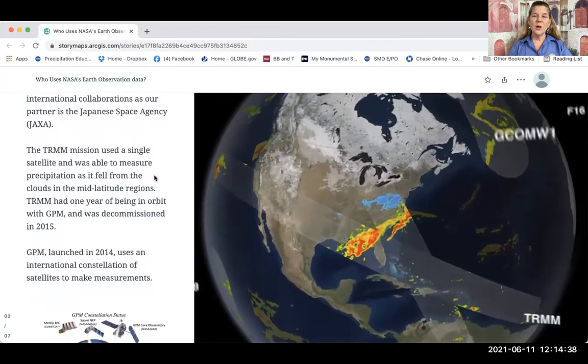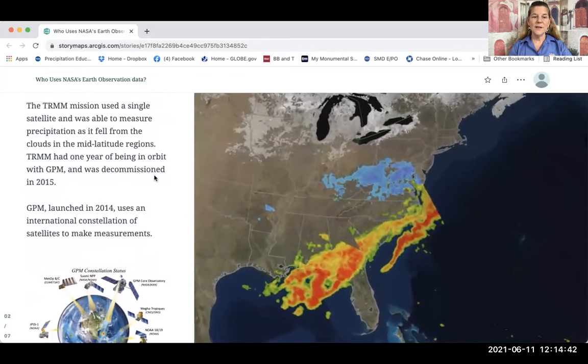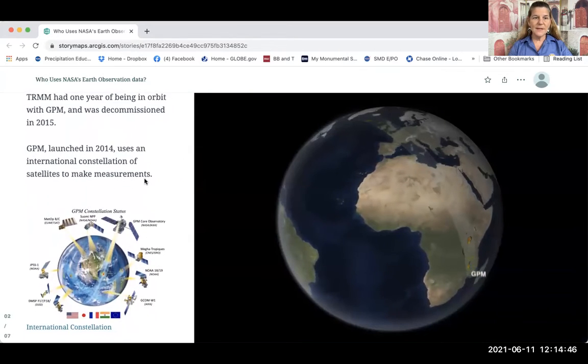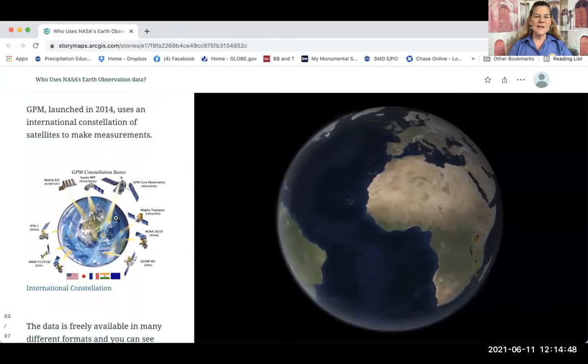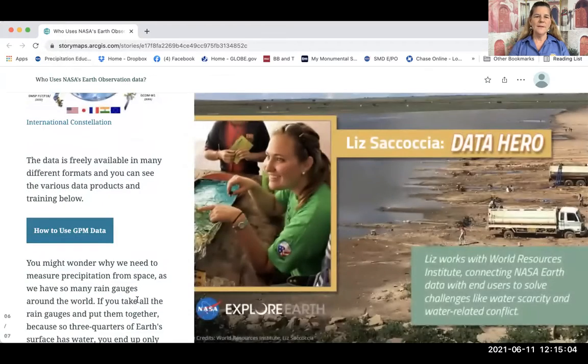Both of these missions are part of an international collaboration with the Japanese Space Agency. Whereas TRMM used a single satellite to measure precipitation, the GPM satellite uses a variety of different international partners. And in doing so, it is able to collect and refresh the data every 30 minutes, which really offers us an opportunity to get this global data.